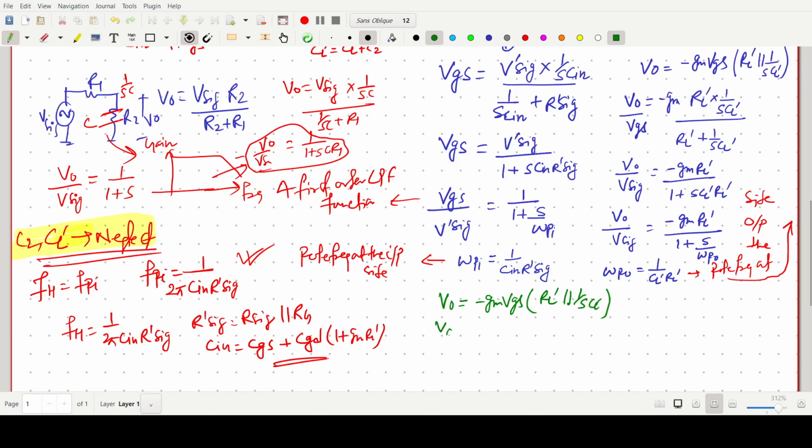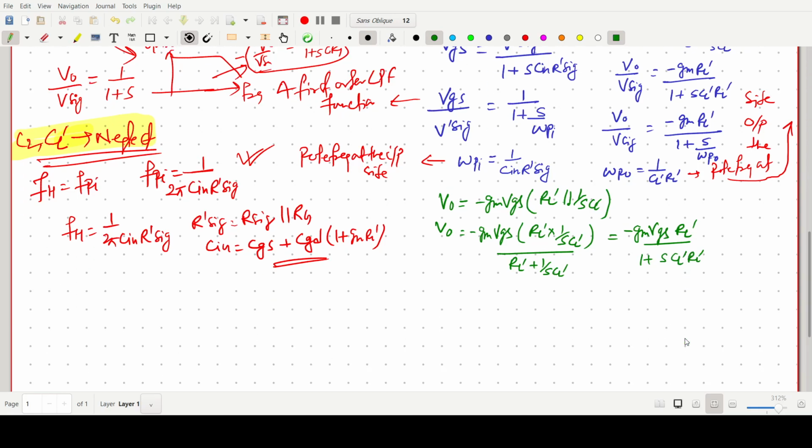Now I am going for the exact solution: RL dash into 1 by SCL dash, divided by RL dash plus 1 by SCL dash. Once again we can write minus GM VGS, RL dash will be in the numerator and SCL dash will cancel. Okay, clear up to this one?